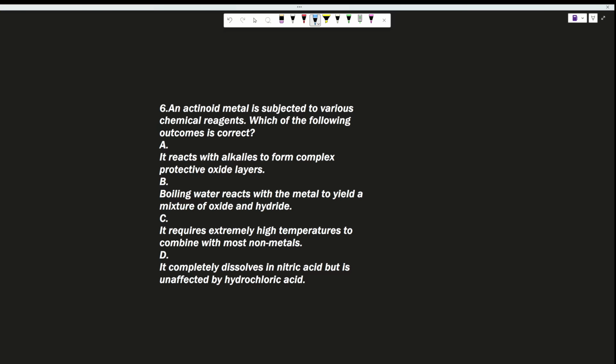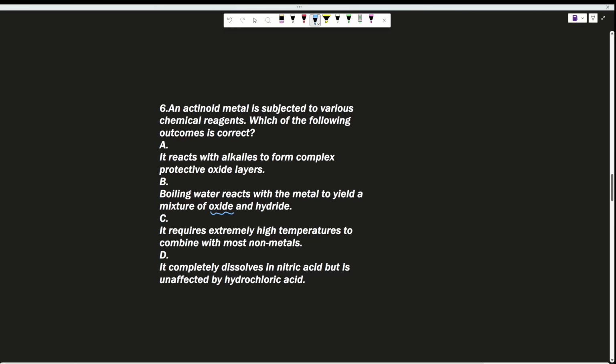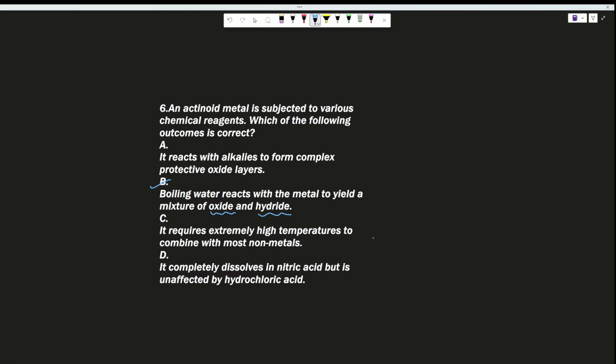Then the second one: boiling water reacts with the metal to yield a mixture of oxide and hydride. Yes, this is true. Boiling water reacts with actinoid metal to give its oxide and hydride. Then C says it requires extremely high temperatures to combine with most nonmetals.